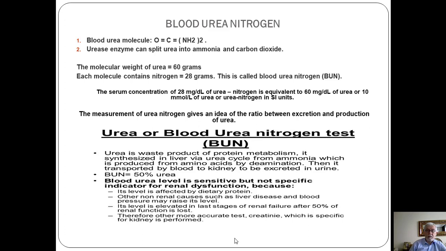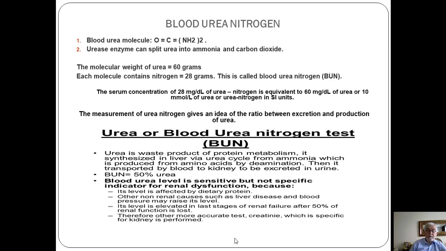A serum concentration of 28 milligram per deciliter of urea nitrogen is equivalent to 60 milligram per deciliter of urea. And when you look at the urea or blood urea nitrogen test, blood urea nitrogen is equal to 50% of urea.